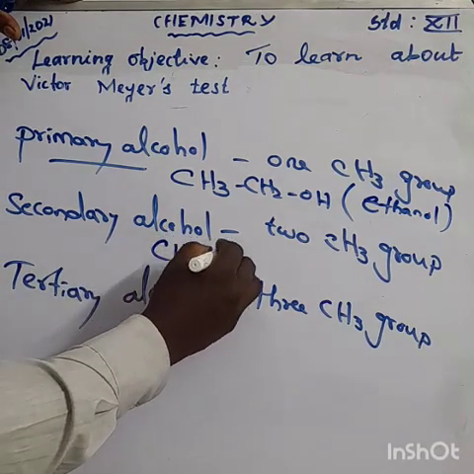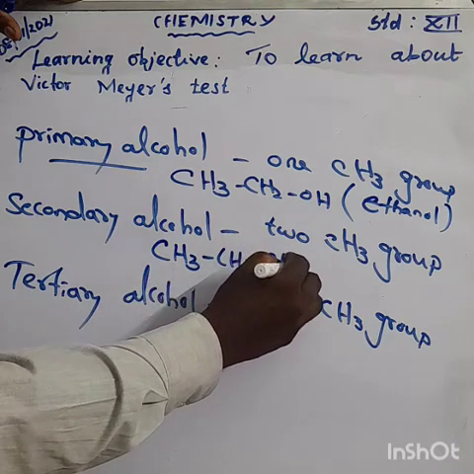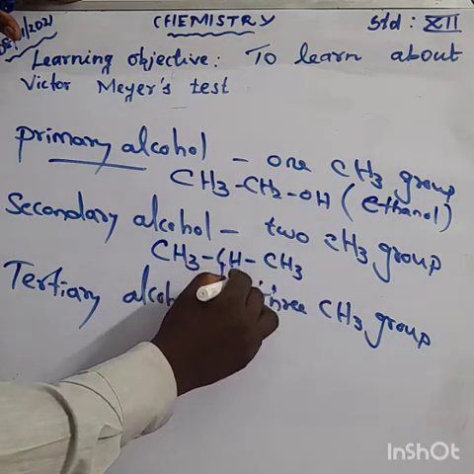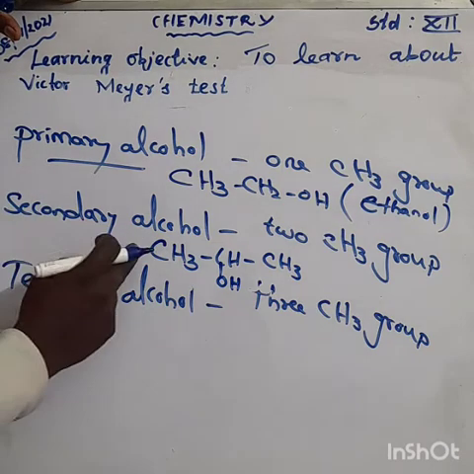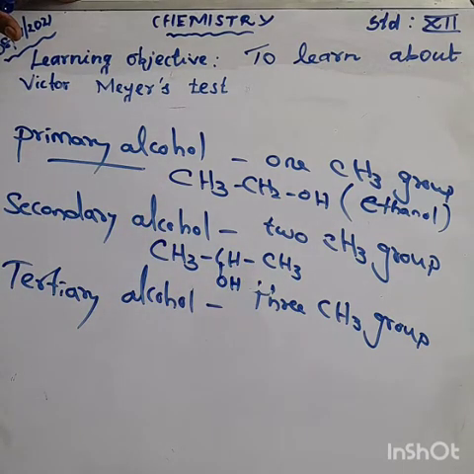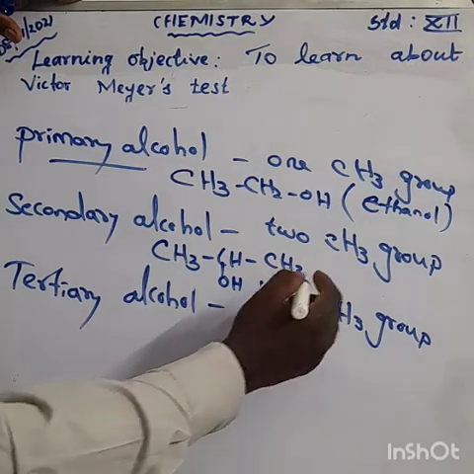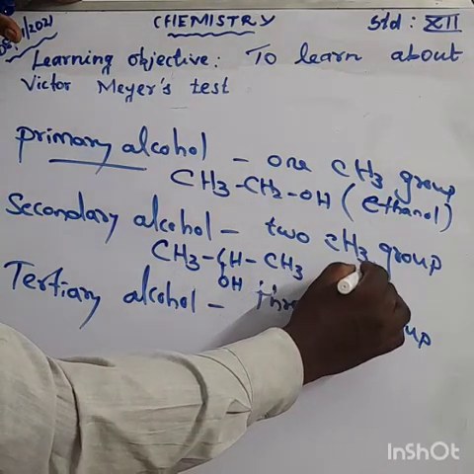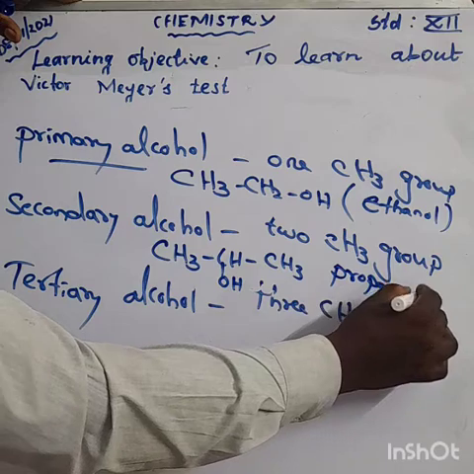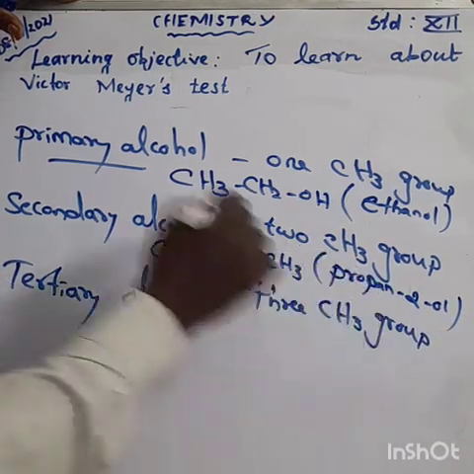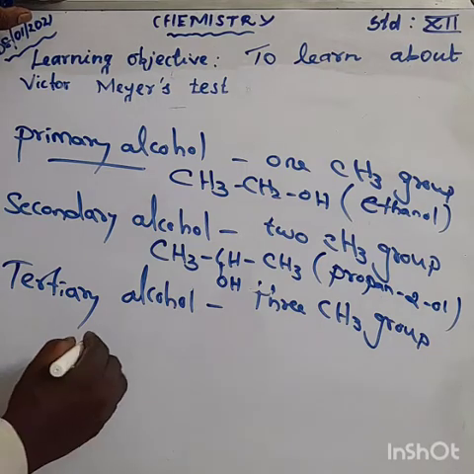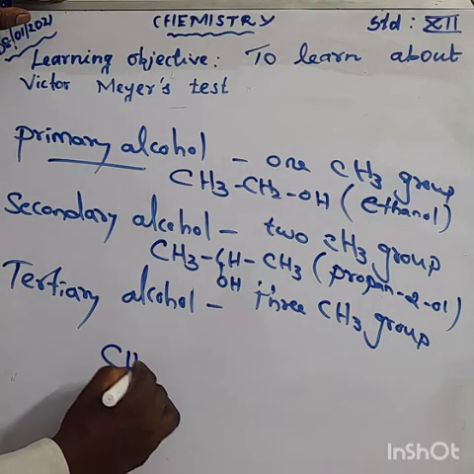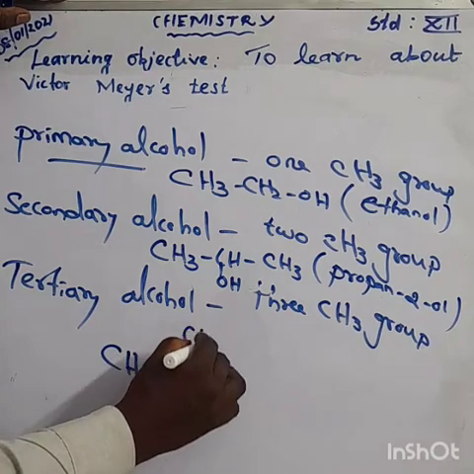CH3CHOHCH3, which has two CH3 groups. We say propan-2-ol. What about the tertiary alcohol?